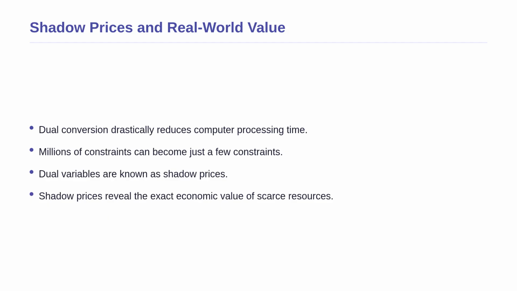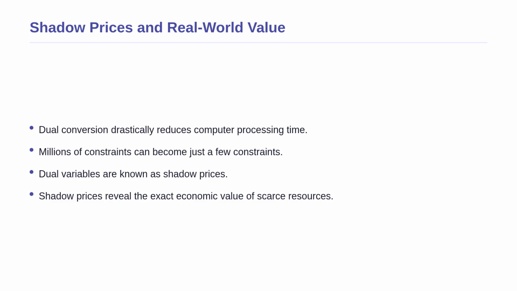Now that we have used these formulas, let us understand why these relationships matter in the real world. Sometimes a company faces a primal problem with millions of constraints, but only a few variables. Solving such a massive system directly takes an enormous amount of computer processing time.